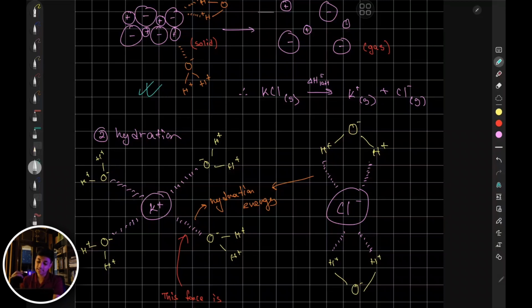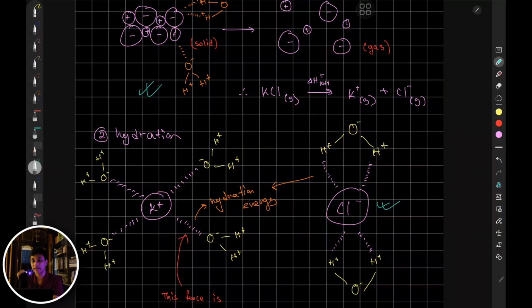Therefore, even in case of the anion, it's going to form a bond with the positive part of the water molecule, which has the positive pole, meaning the hydrogen atoms.